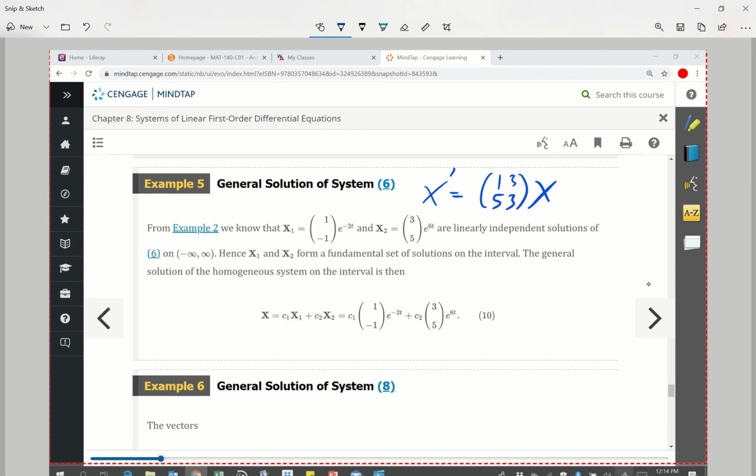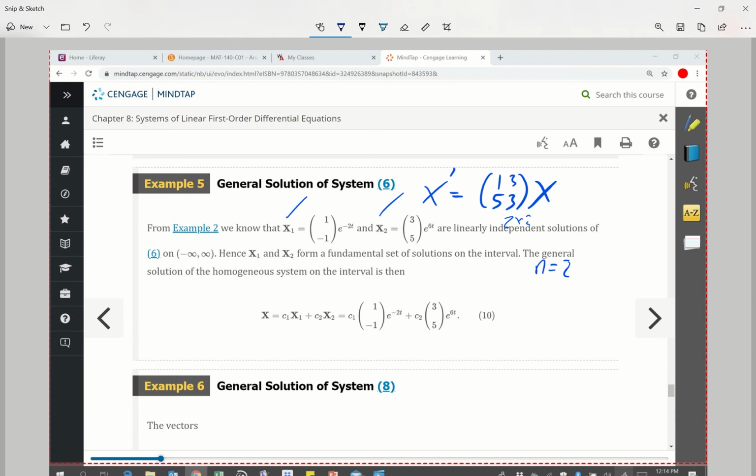We showed that both x1 and x2 in previous problems are indeed solutions of the system. Furthermore, in another example, we showed that these two solutions also happen to be linearly independent. This was a 2 by 2 system, so n was equal to 2. Therefore, the collection of x1 and x2 does form a fundamental set of solutions for this differential system on the interval negative infinity to positive infinity.